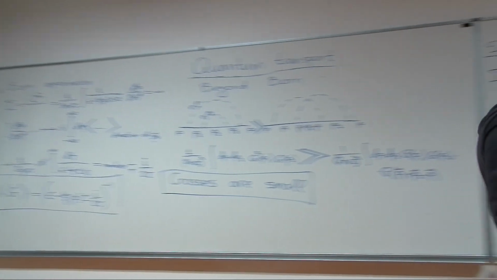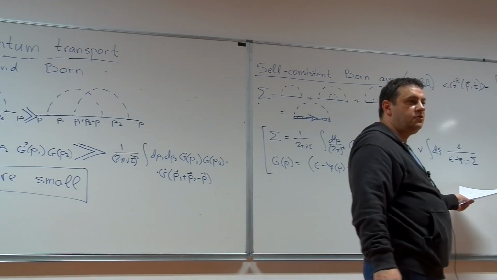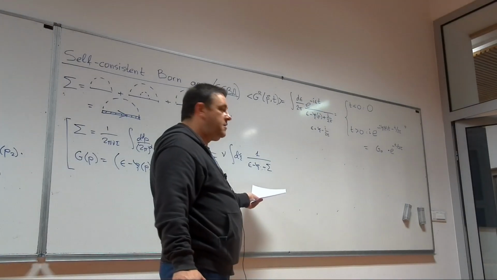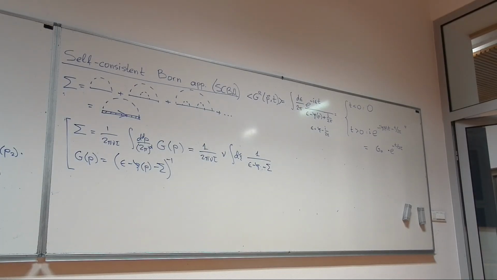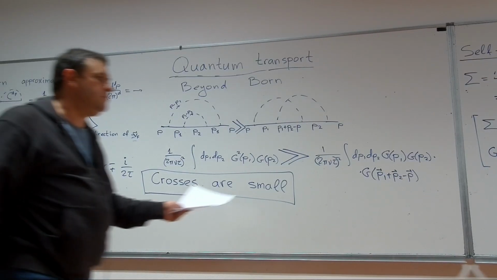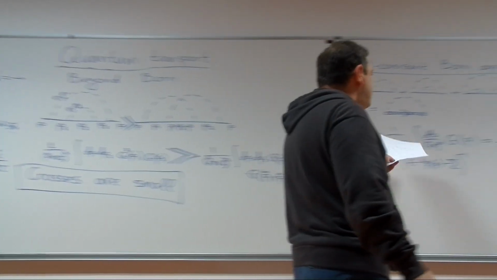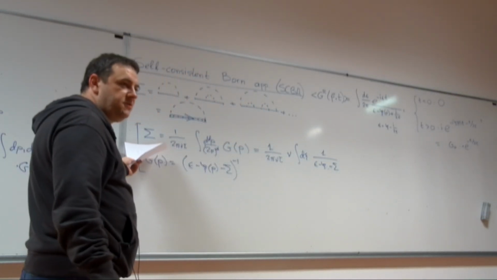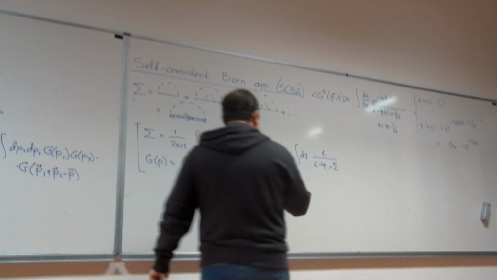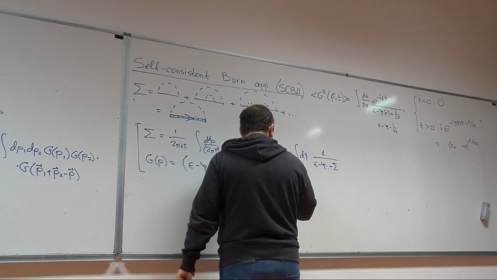This integral has a real part which is not well defined, which will give me the real part of sigma, which I don't need because I can again include it in the renormalization of chemical potential. And then this integral has an imaginary part, which will give me an imaginary part of sigma according to this equation.